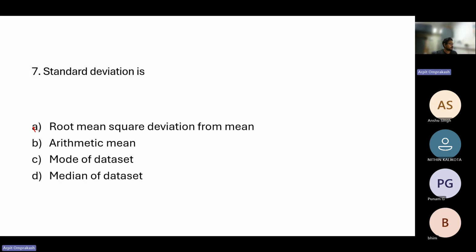Yes, the correct answer is A, because standard deviation is defined as root mean square deviation from the mean. So we subtract the mean, you square it, and then sum it and take the mean, then the root of it. That is called a root mean square deviation.